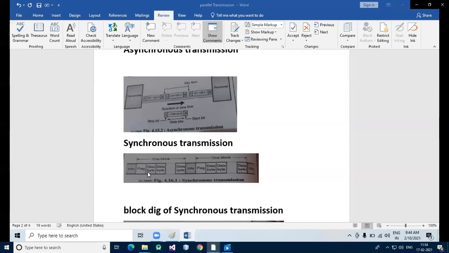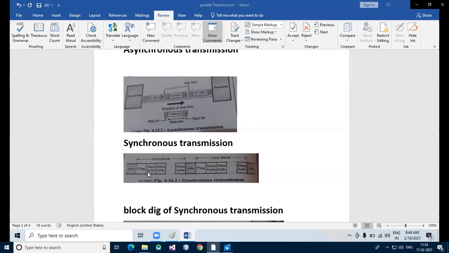In this figure of synchronous transmission, you can see there is an inter-block idle time which is filled with idle characters. The receiver operates at exactly the same clock frequency as that of the transmitter, as both are synchronized with each other. This is essential for error-free reception of data.